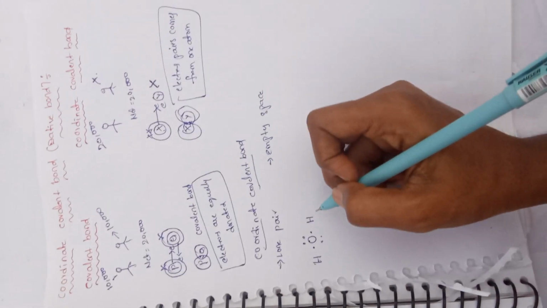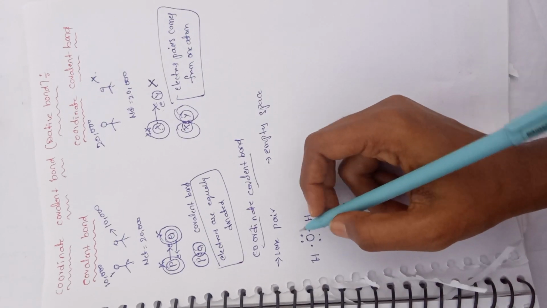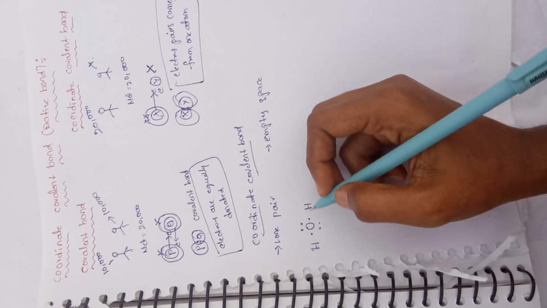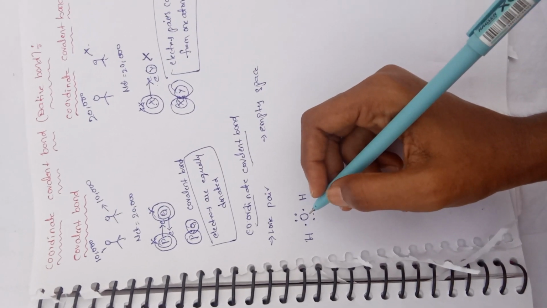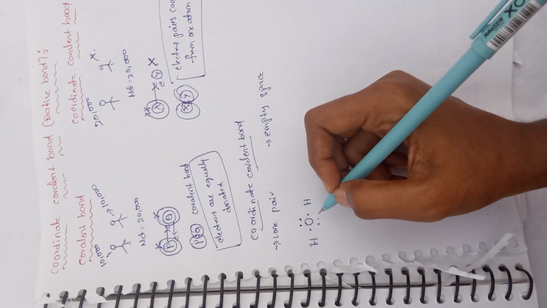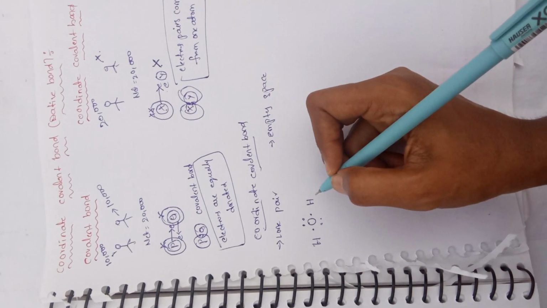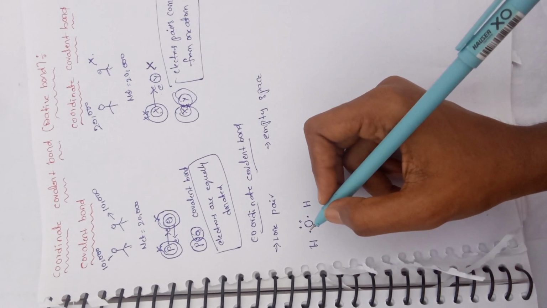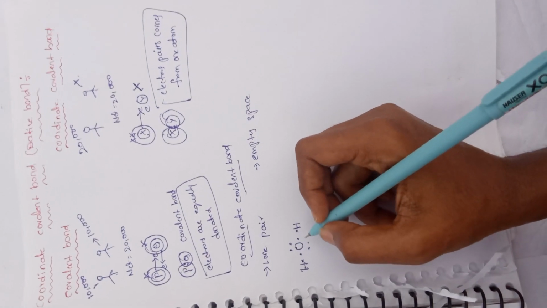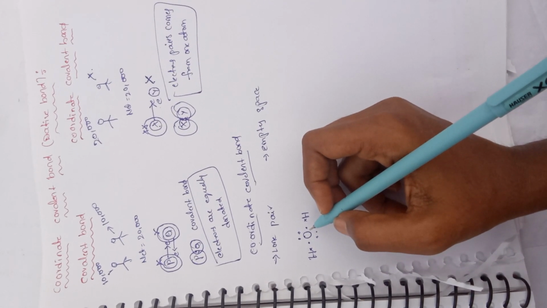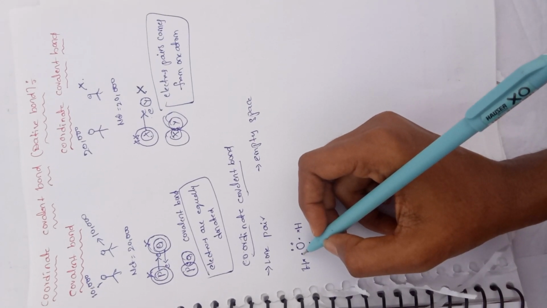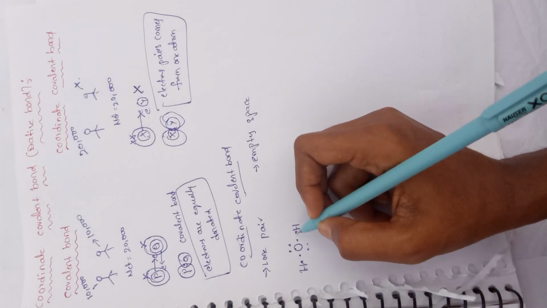Here hydrogen is there and another hydrogen. For oxygen to get the octet rule, how many electrons do we want? 2 electrons. One hydrogen has 1 electron and another hydrogen has 1 electron. That means these electrons form one bond and these electrons form another bond.